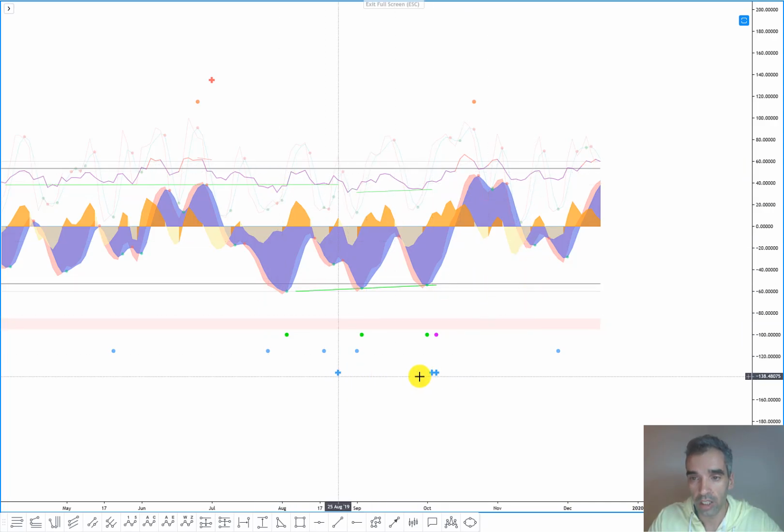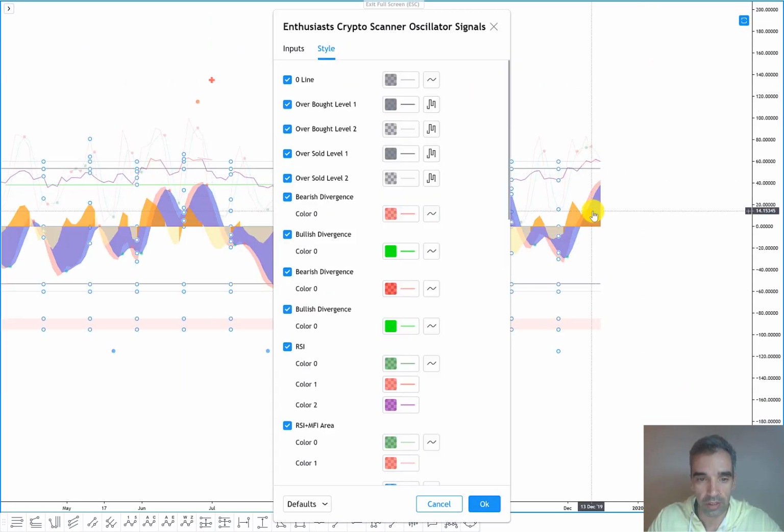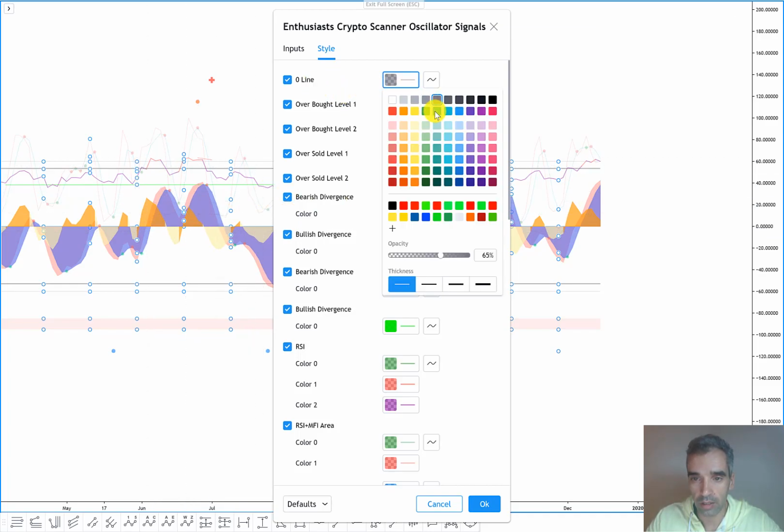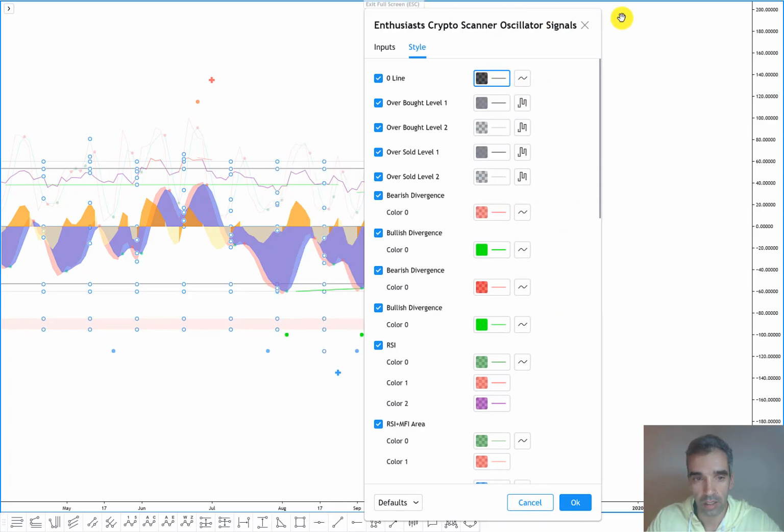So I will just jump on this and make a little bit of customization here. This is our overbought, oversold signal. So I will just go here, zero lines, bam, our zero lines here.